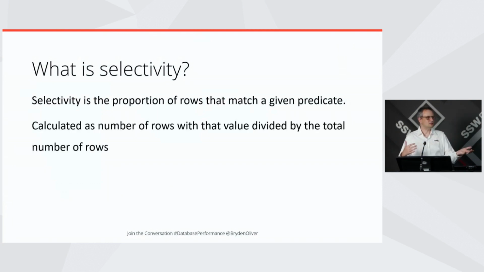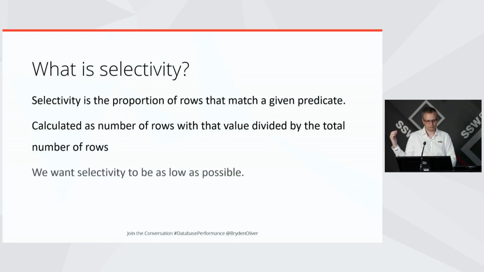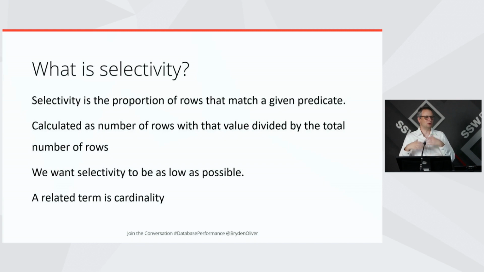It's calculated as the number of rows with a given value divided by how many rows there are in the table. And what we want typically in an index is our selectivity to be as low as possible. So we want to be able to get really tight to the rows we want. The opposite of this term is what's called cardinality, which is the number of rows that have a particular value.